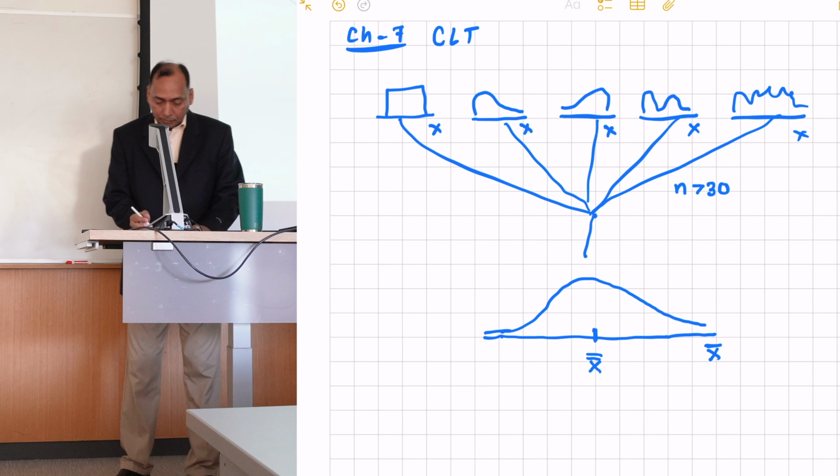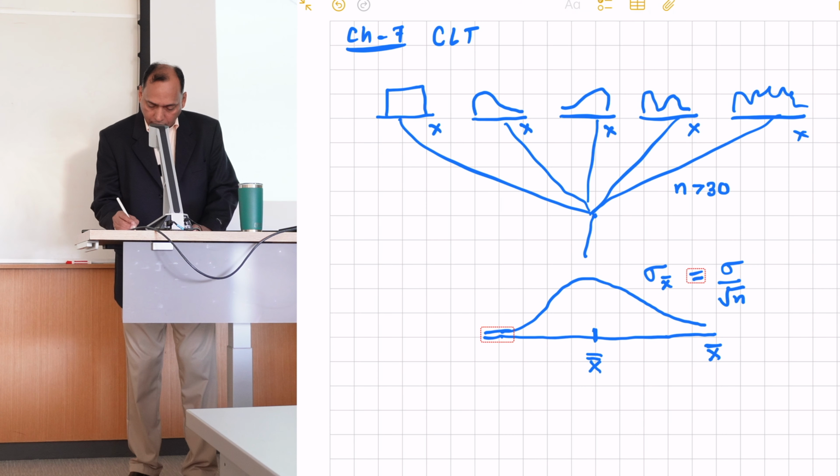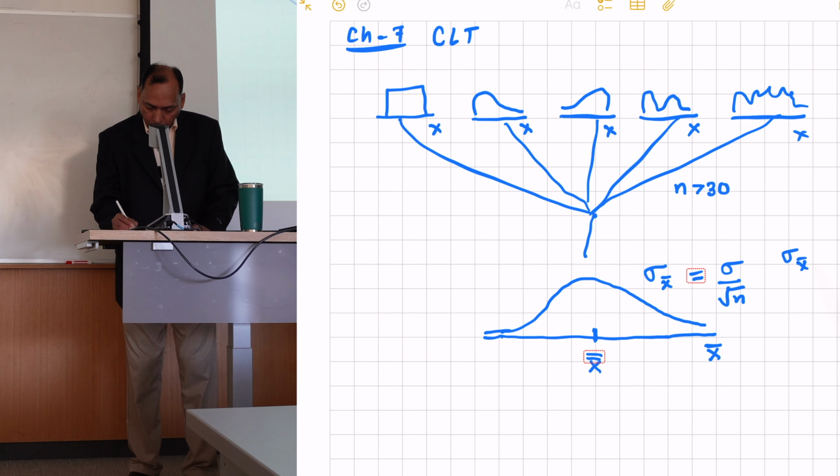The only thing is you have average in the middle, and then the standard deviation, we can say sigma of x bar is equal to standard deviation of individual distributions divided by square root of n. This sigma of x bar is called standard error.